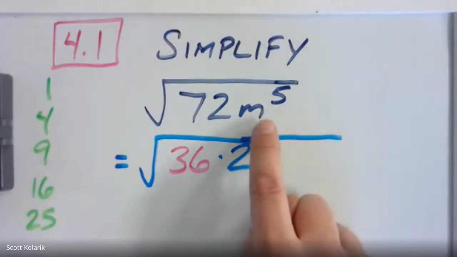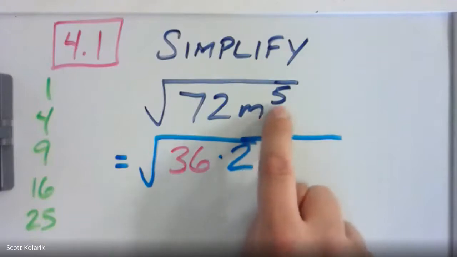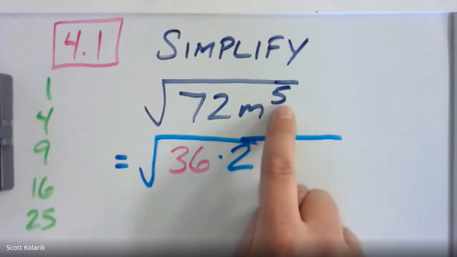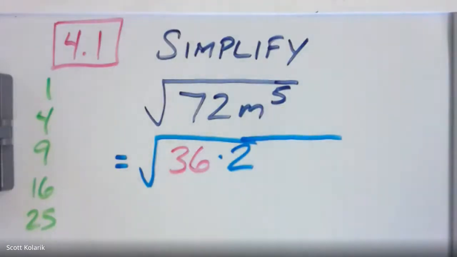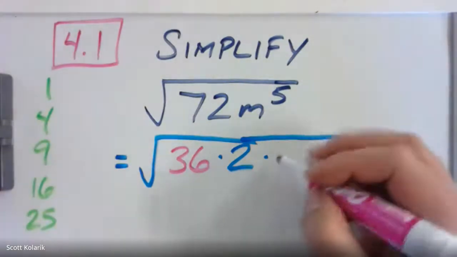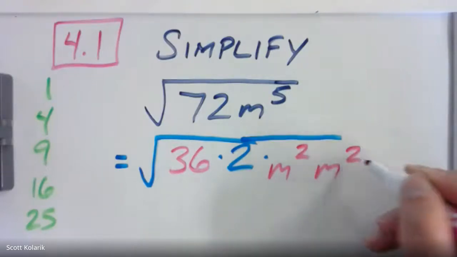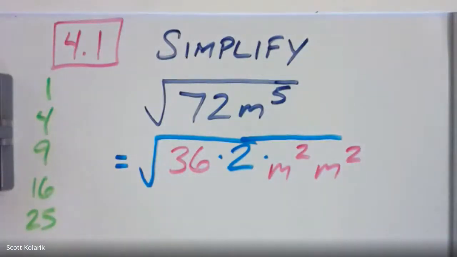My goal here is to figure out how many perfect pairs of m's go into this 5. And what you would find is that in this case, I'd be able to pull out a couple pairs of m's, right? So basically I can rewrite this as m squared times m squared, and then there'd be one extra m.